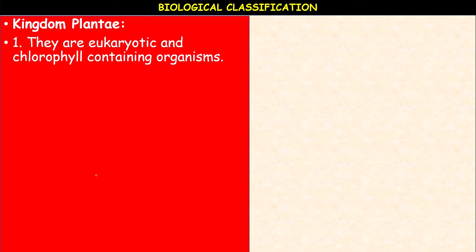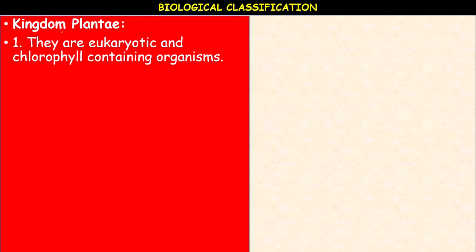Kingdom Monera, the most primitive organisms. Kingdom Protista, eukaryotic organisms but unicellular. Then kingdom Fungi, somewhat better existing organisms, that is multicellular eukaryotic. And in the kingdom Plantae also, eukaryotic, multicellular and autotrophic organisms are included.